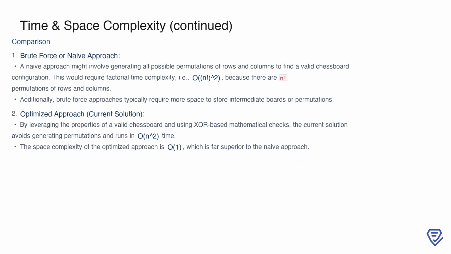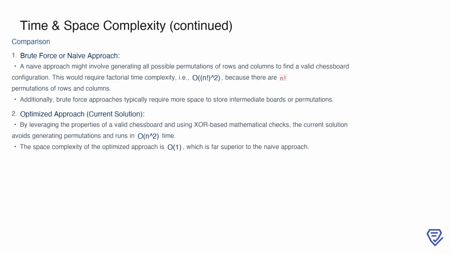When comparing this approach to a brute force method, the benefits of optimization become clear. A naive approach would involve generating all possible permutations of rows and columns to check for a valid chessboard configuration. Since there are n! permutations for both rows and columns, this would result in a time complexity of n!², which is infeasible for even moderately sized boards.